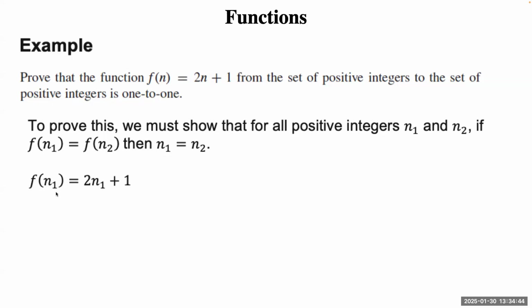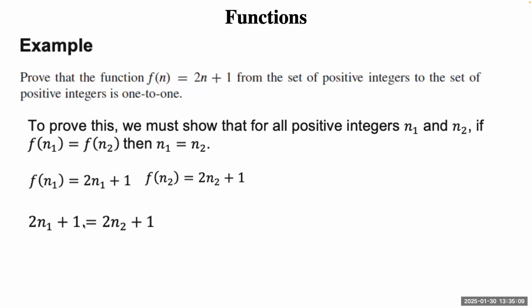So what you do is you say, okay, well, f(n1) is going to be 2 times n1 plus 1. f(n2) will be 2 times n2 plus 1. If f is one-to-one, then I should be able to equate these two. If these two are the same, what happens?